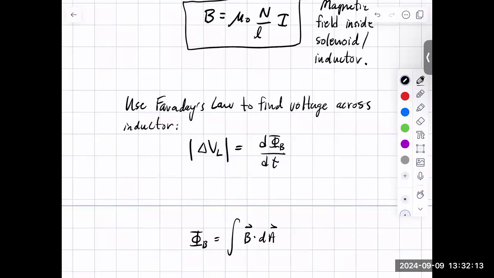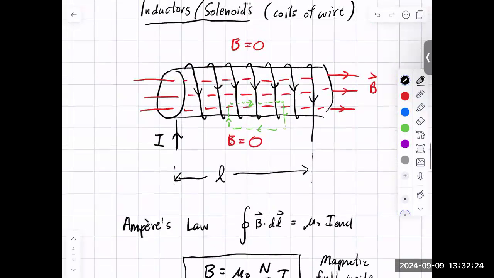But if you keep your hoop perpendicular to the flowing water, you have maximum flux. It's the same thing here. We would take our area to be the cross section of our cylinder, and the magnetic field is exactly perpendicular to that, so you get maximum flux.